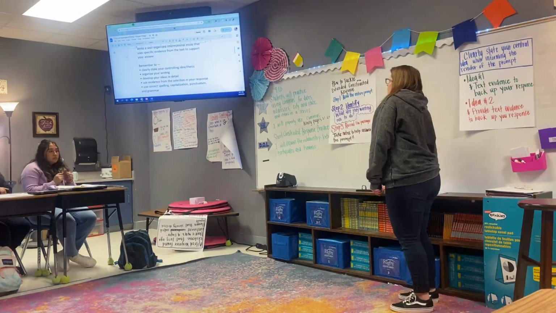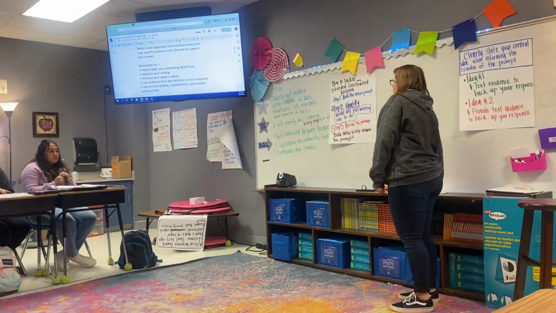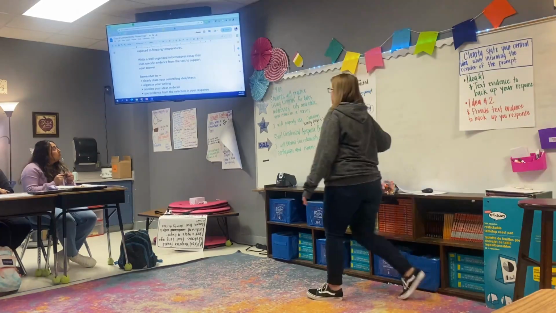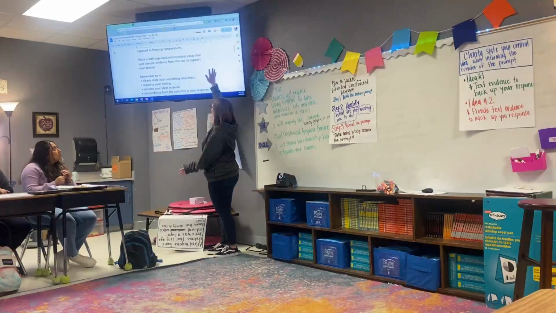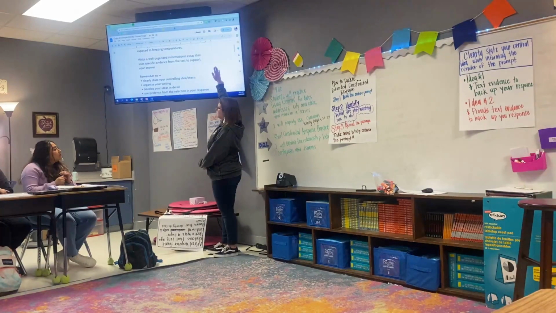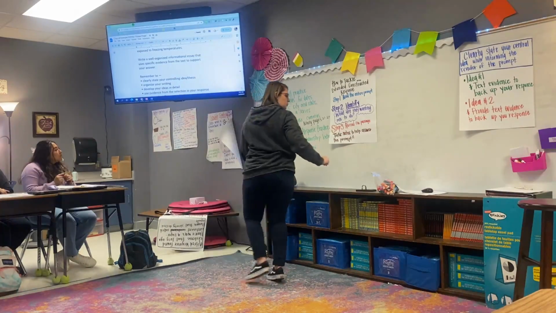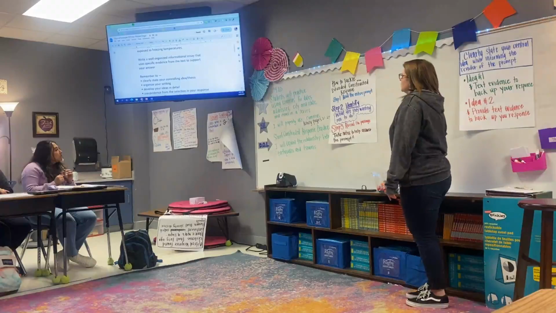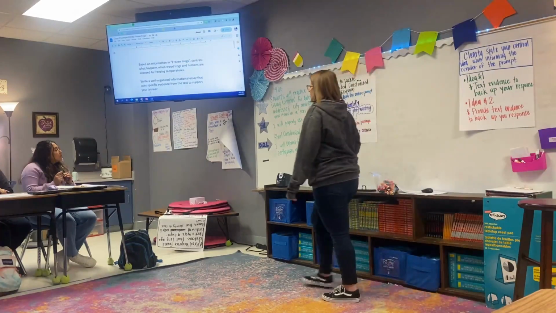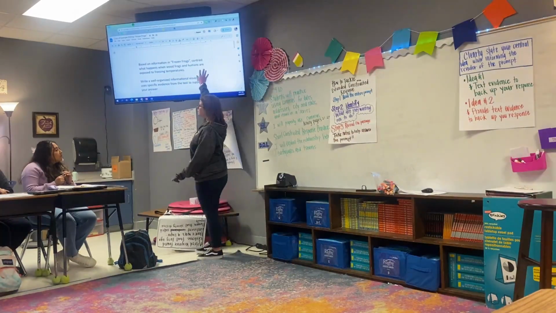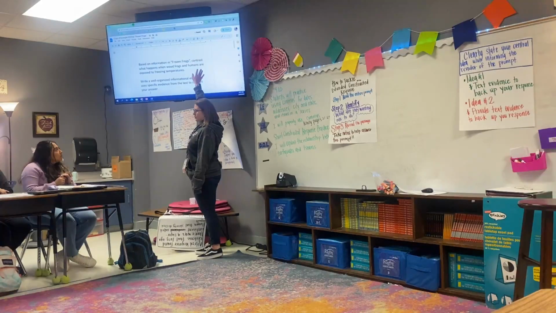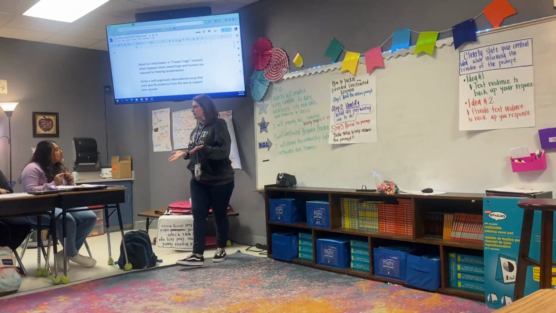I've also found that they always say this: write a well-organized informational essay. Remember to, and they always have this, it's always attached to it. So the prompt is always towards the top. So have your kids focus in on the prompt and ask them, what is it asking us to do?